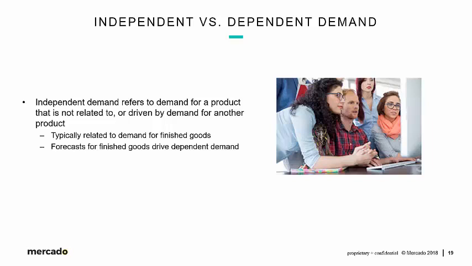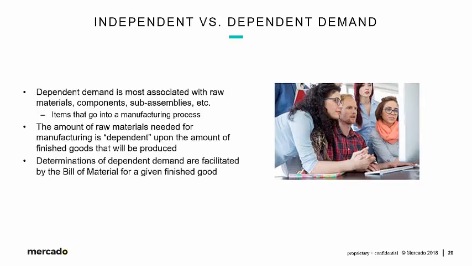Moving along with that logic, second sub-bullet point, forecasts for finished goods drive dependent demand. Let's talk about that more in upcoming slides. When we think about independent demand, we want to be thinking about finished goods. When we think about dependent demand, we want to be thinking about raw materials, components, etc. Why is that? Because the items that go into a manufacturing process, those raw materials, the quantities that we're going to need are dependent upon the amount of finished goods that we're going to make.